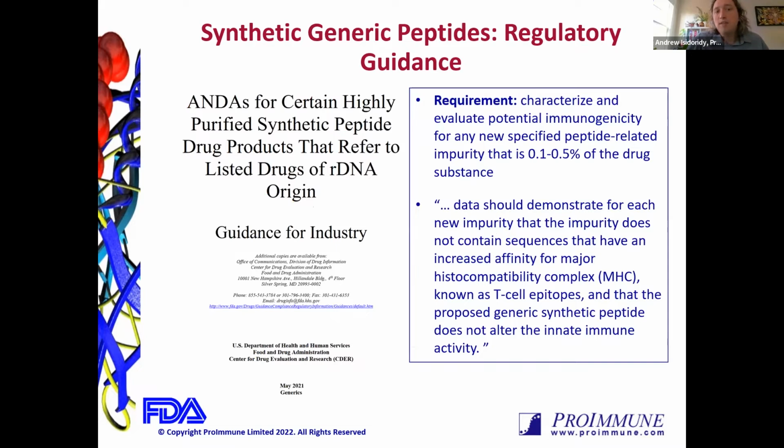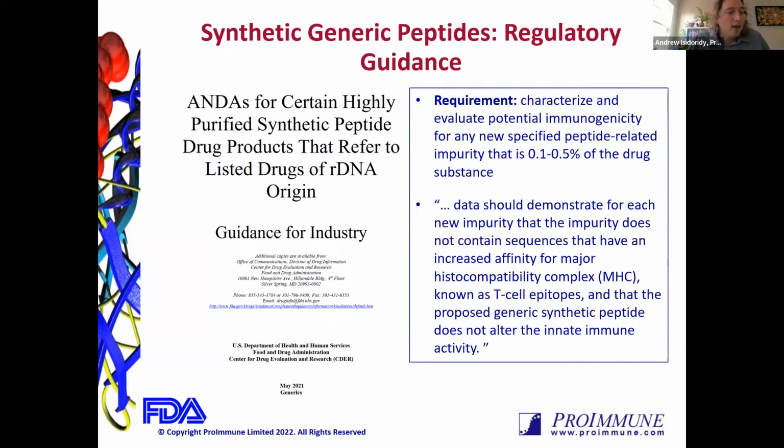When we're talking about synthetic generic peptides, there's a high demand. The generic peptide pathway gives you the ability to create low-cost, high-quality medicines, so there's a strong incentive to provide a pathway and allow regulatory access for this. But of course, safety and understanding potential immunogenicity is very important.